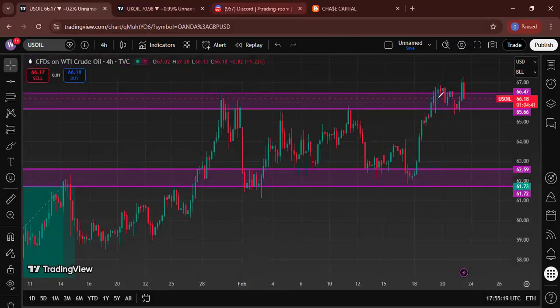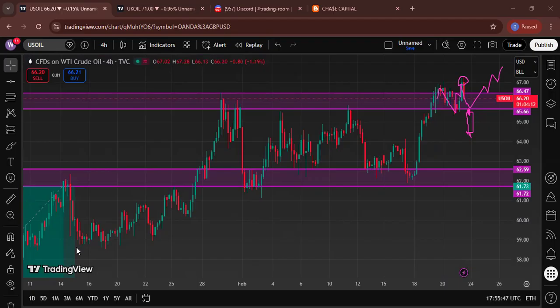We had the first push, price didn't break below, then a push to the upside. So we might see probably a slight tap of this before a push higher, as long as price does not form something like this. The moment it forms something like this, a candle close below the supply, then it invalidates the setup. But as long as it doesn't form something like this, then you're good to take the bullish continuation for that one.